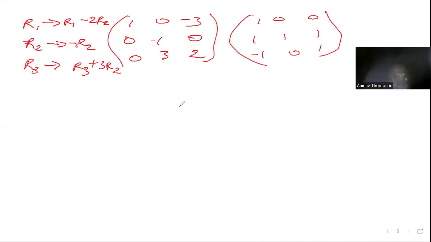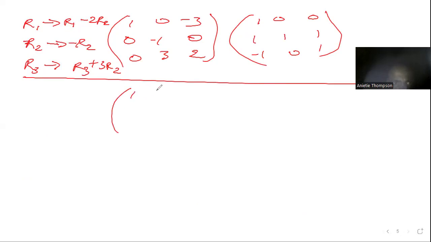All right. By the time we carry out this operation, the new matrix formed from these operations is 1, 0, minus 3, 0, 1, 0, then 0, 0, 2, of course.